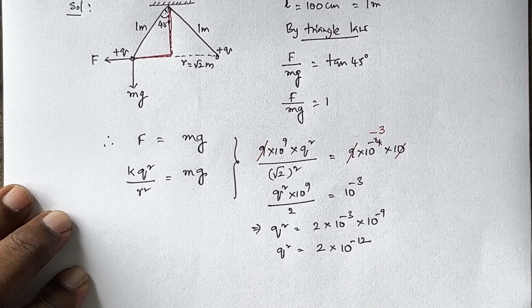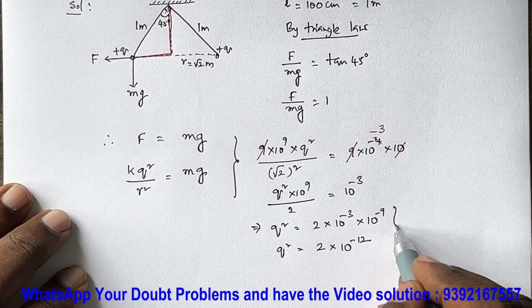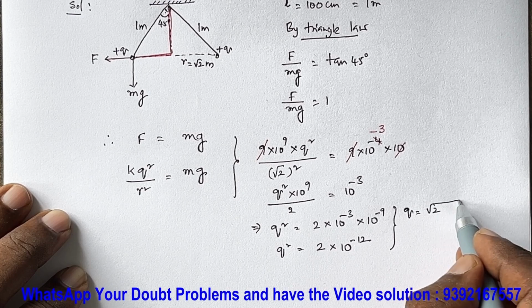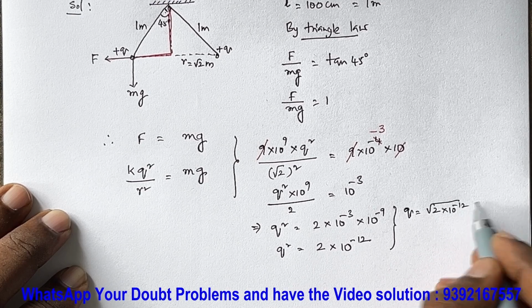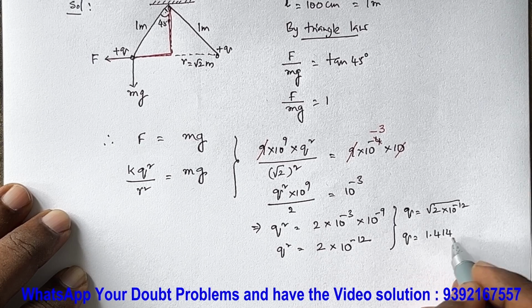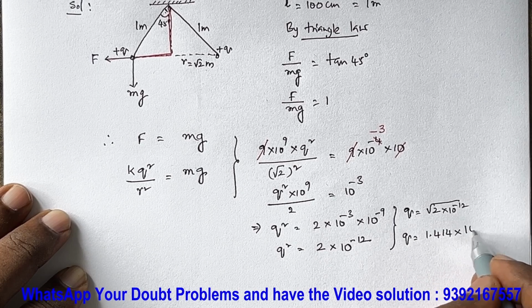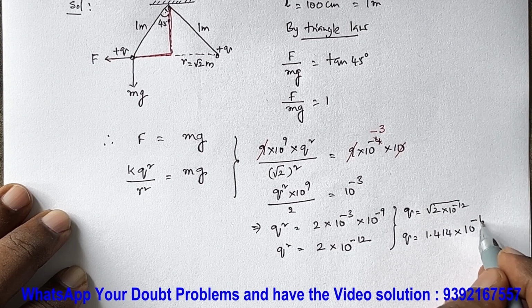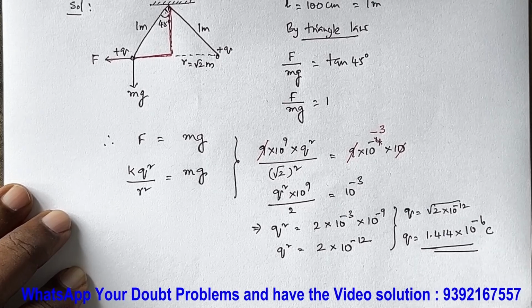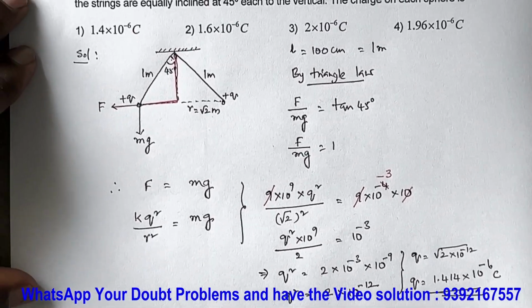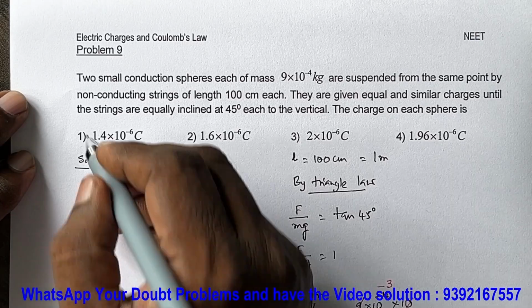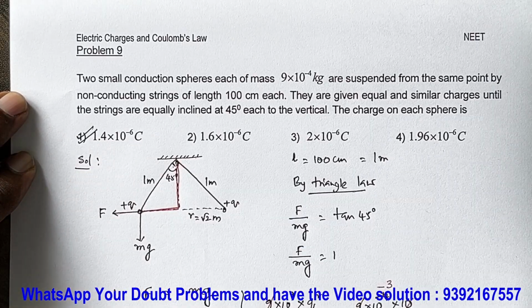This is the q square value. So q is equal to root of 2 into 10 to the power of minus 12. So q is equal to root 2, which is 1.414, into root of 10 to the power of minus 12, which is 10 to the power of minus 6 coulomb. So this is our answer. Let us check which option has the correct answer. So the first option is the correct option.